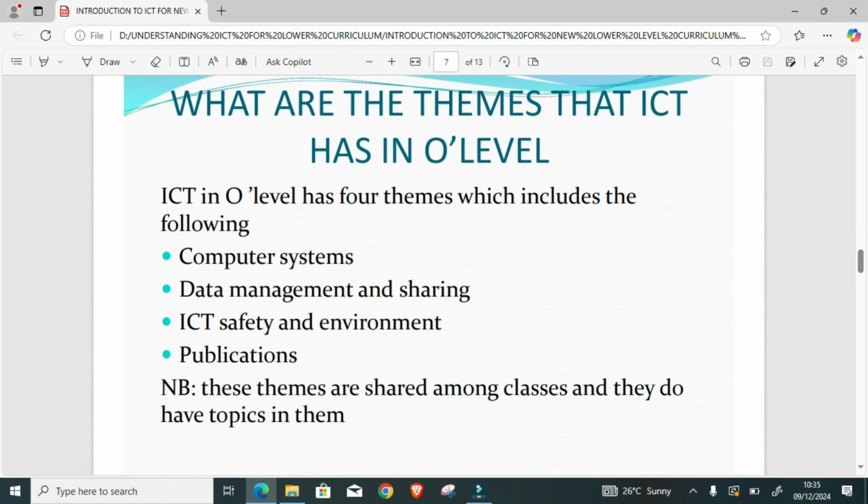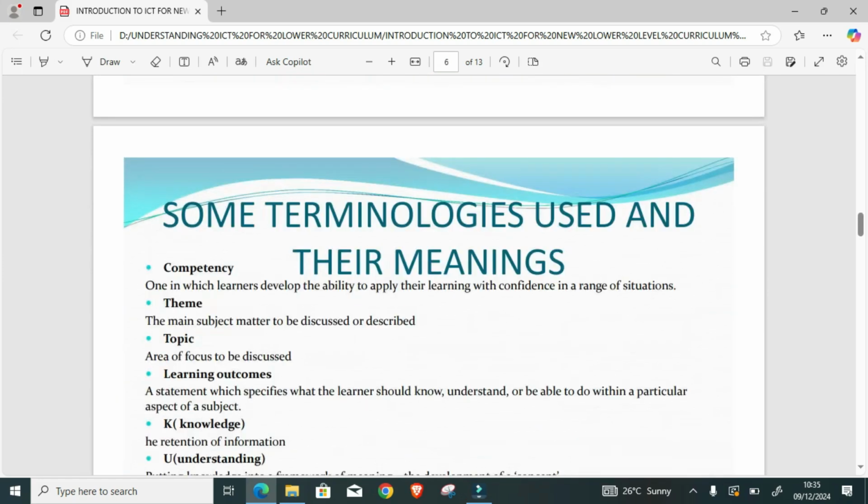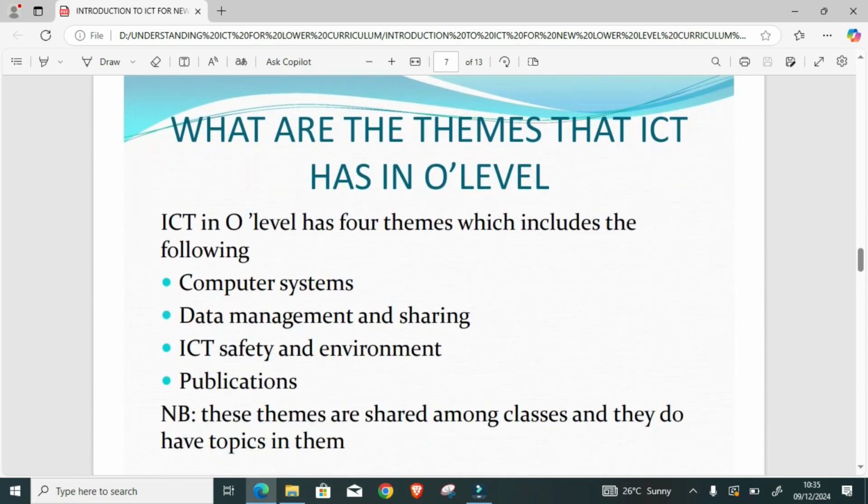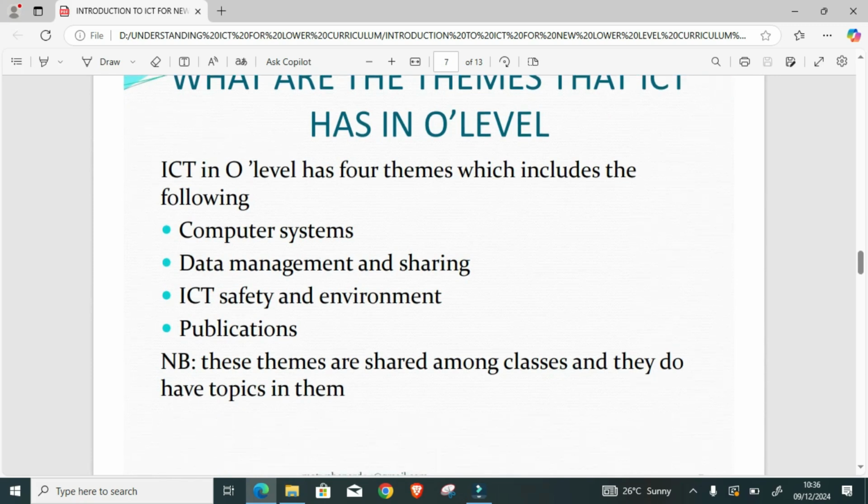We've talked about the theme, what it means, and now here we are. Remember, the theme is the main subject matter to be discussed or described. So the question here is, what are the things that ICT has in O level? We have only four themes: the computer system, data management and sharing, ICT safety and environment, and publications.